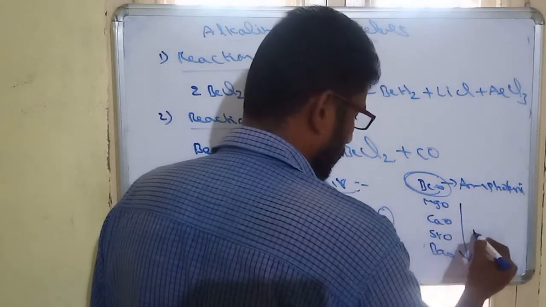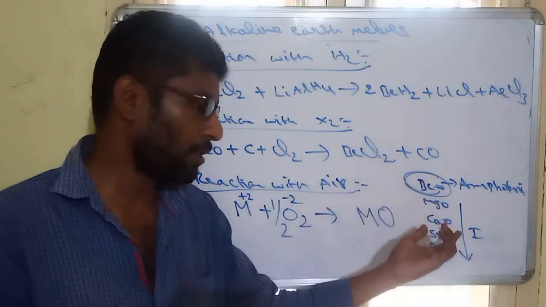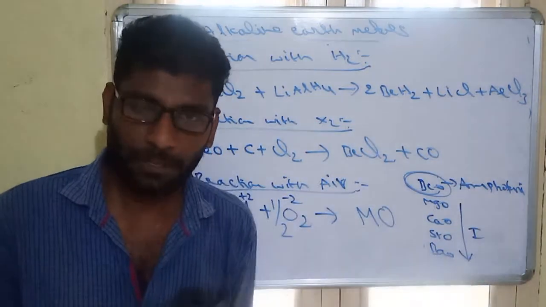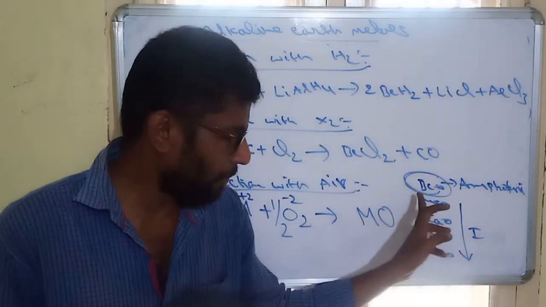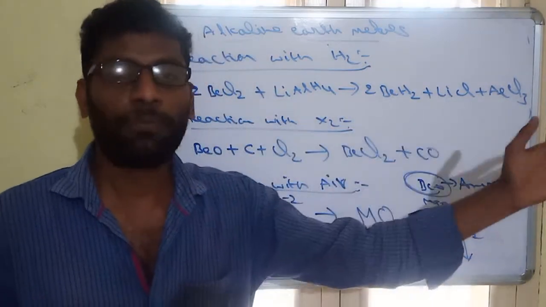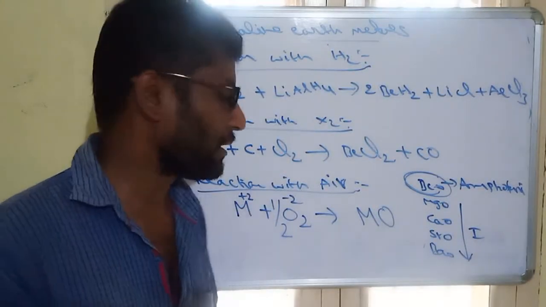Basic strength increases from top to bottom. Magnesium oxide is a weak base, calcium oxide a little stronger, strontium oxide a little stronger, and barium oxide is a very strong base. So basic character increases from magnesium to barium. But beryllium is not basic, it is amphoteric. Amphoteric means it has both acidic and basic character.